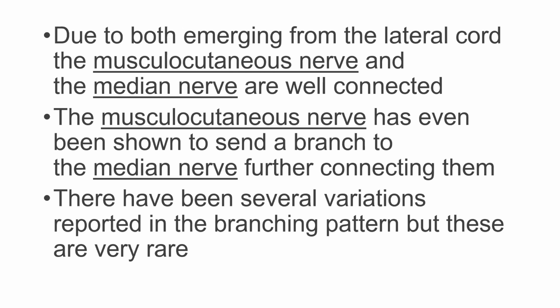At times you get a palsy of one nerve, and yet you still have function of that nerve to the muscles. Why? Because of the connections. The musculocutaneous nerve has even been shown to send a branch to the median nerve, further connecting them. There have been several variations reported in branching pattern, but these are very rare. You have to keep in mind that it does occur.